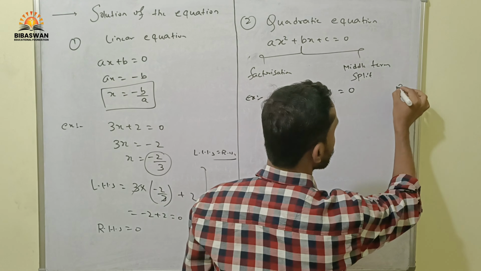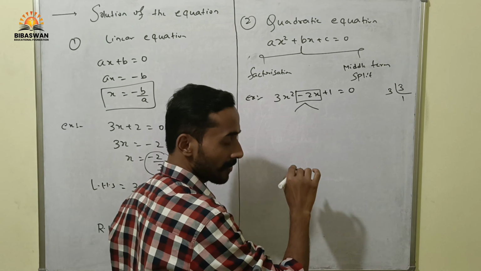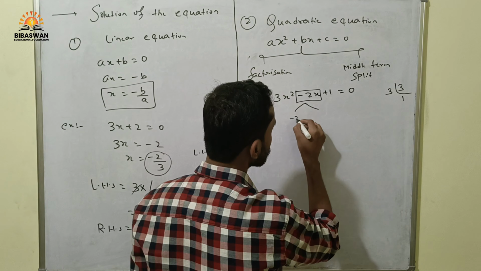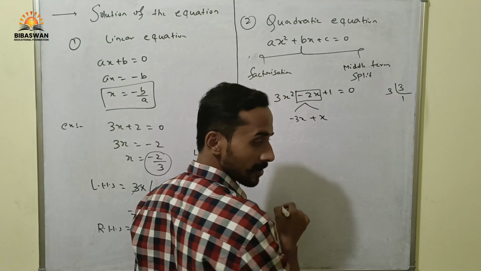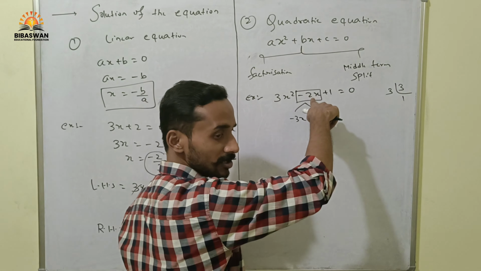So for this we factorize. 3 has factors 3 and 1. Can we write it as minus 3x or plus x? If we write it as minus 3x plus x, it becomes minus 2x.